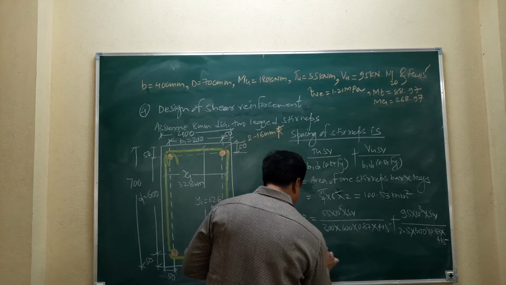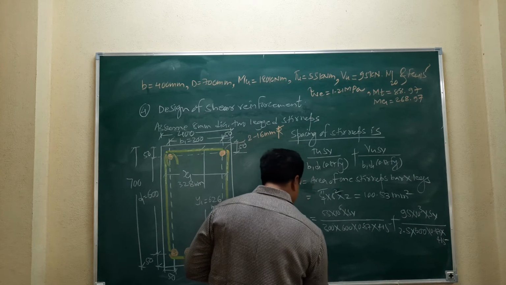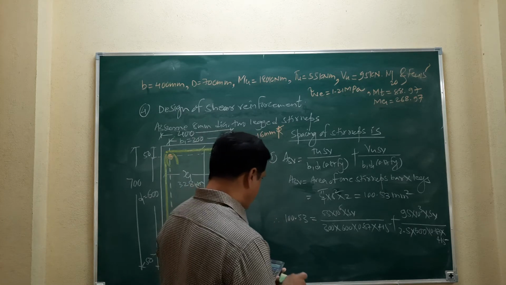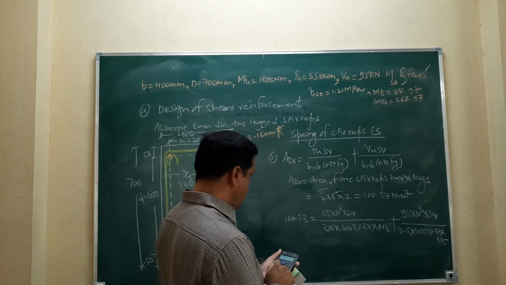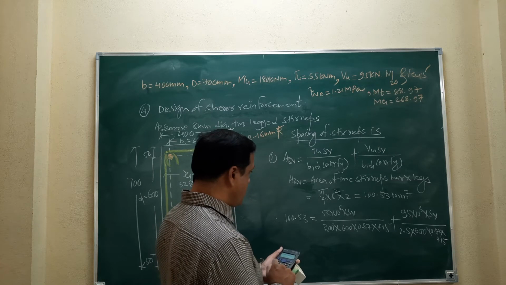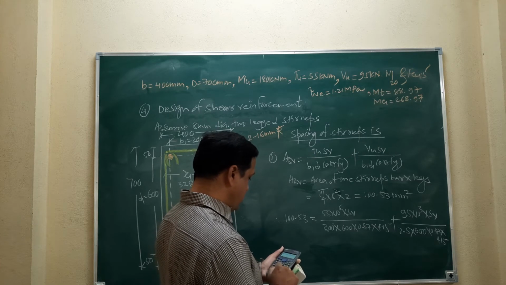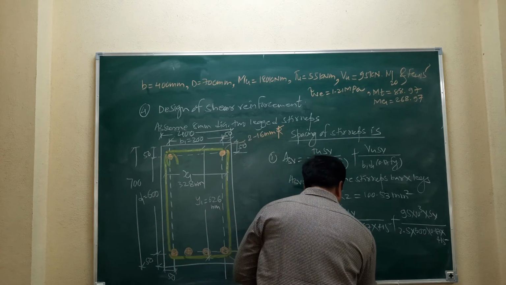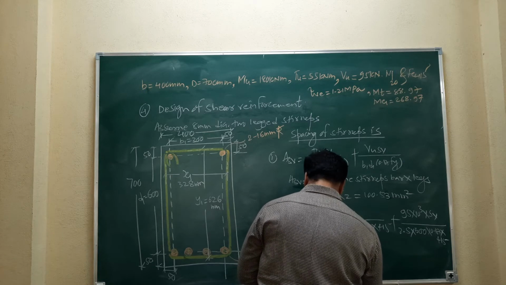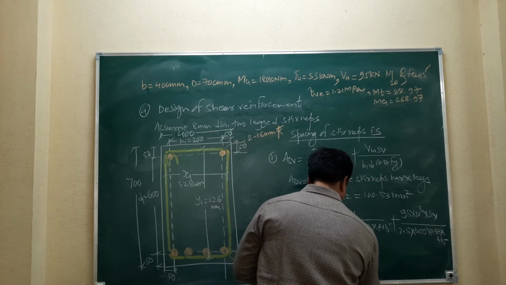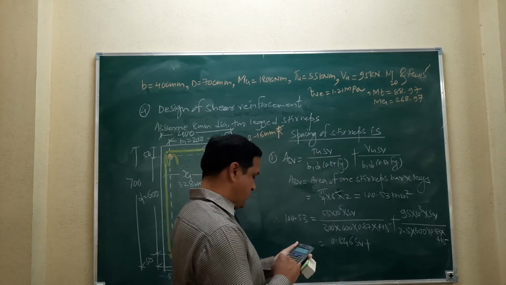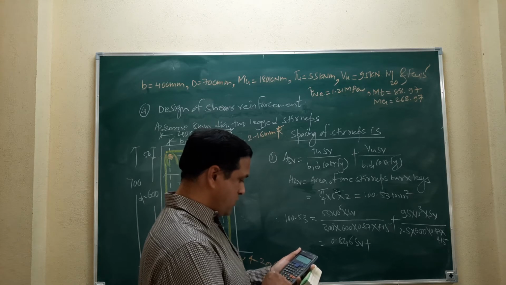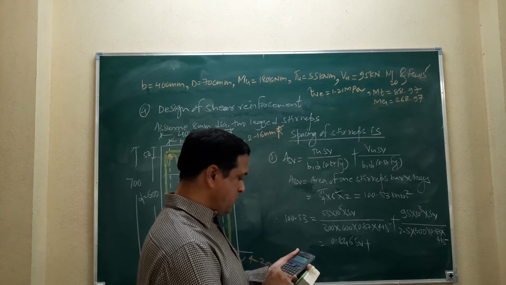Okay, now to find out the spacing, I will find out this value. So 55 into 10 to the 6 divided by 300 into 600 into 0.87 FY is 415 is 0.846 SV plus 95 divided by 2.5 into 600 into 0.87 FY is this.